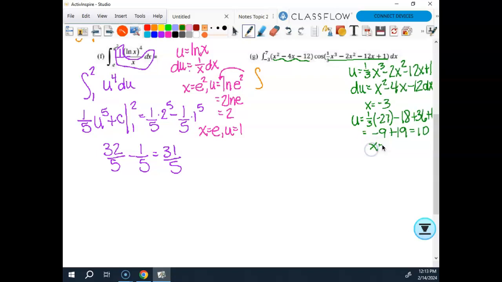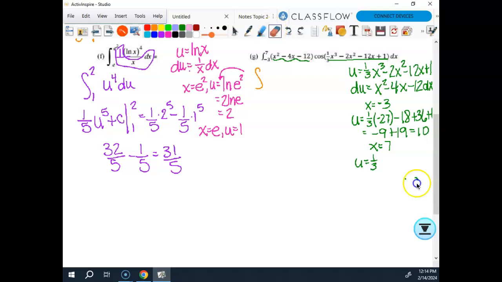So then we'll do the other u. If x is equal to 7, then u is equal to 1/3, oh, this is gross. What is 7 cubed? Plus 7 times 49. I think it's 343.